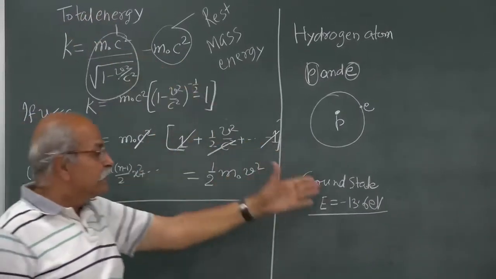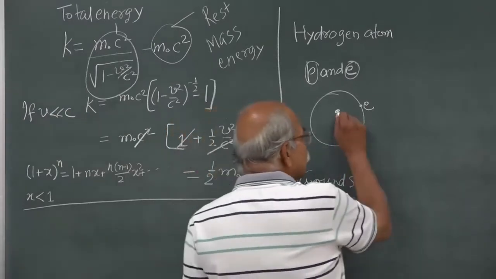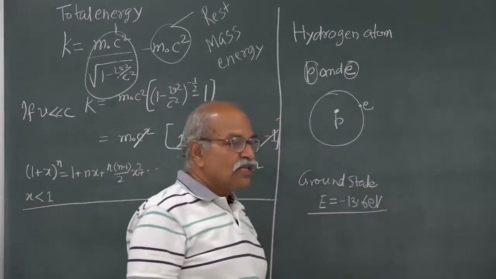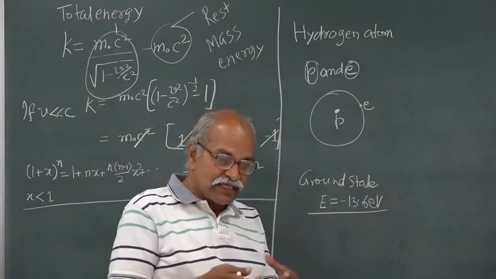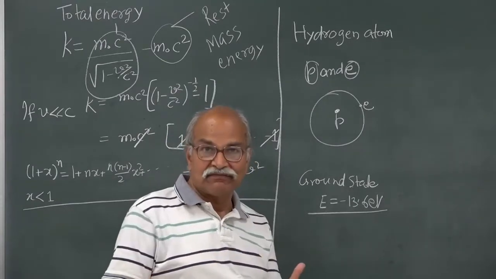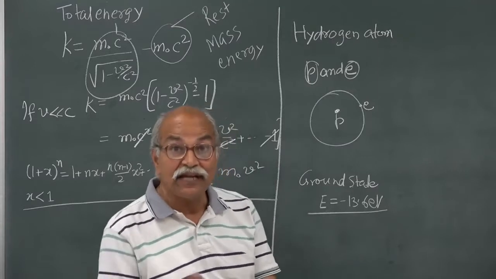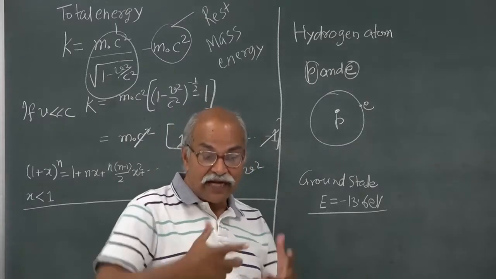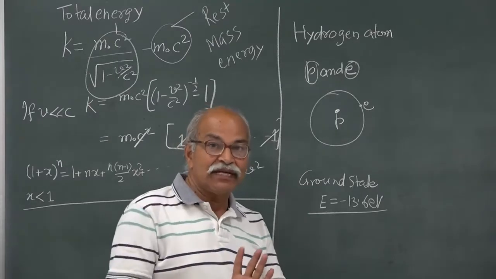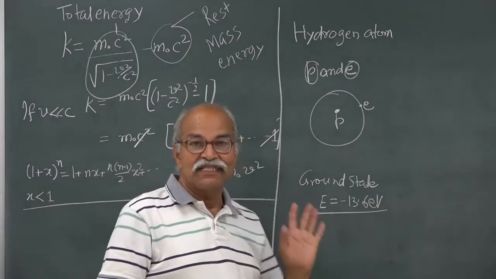No, this is if this proton and this electron are not bonded, and we supply some energy and we separate, we ionize this hydrogen atom, we remove this electron from this atom. So, now the electron is separate and the proton is separate.